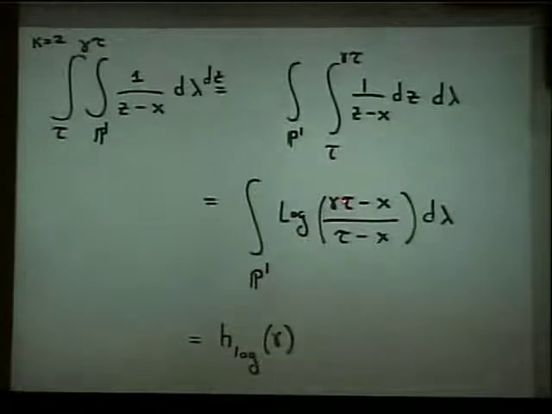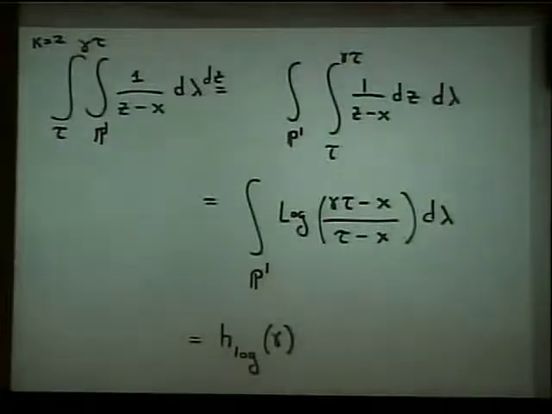So tau is now a constant in the p-adic upper half plane, picked at random, more or less. And we have this log of gamma t minus x over t minus x. Never mind whether reversing the order of integration makes sense or not, although it actually does. This function involves the p-adic logarithm, but remember tau is in the p-adic upper half plane, and x is in P1 over K, so x is never equal to tau.